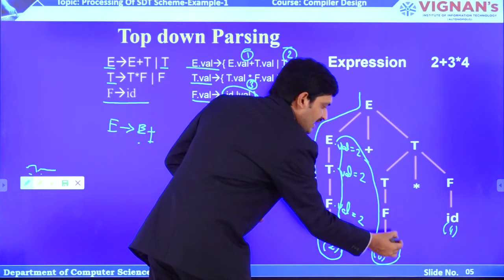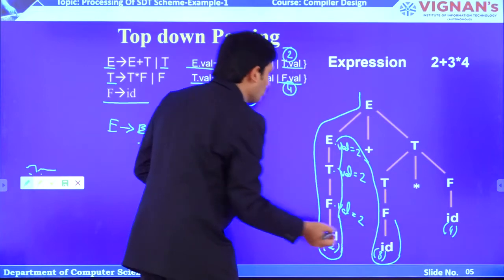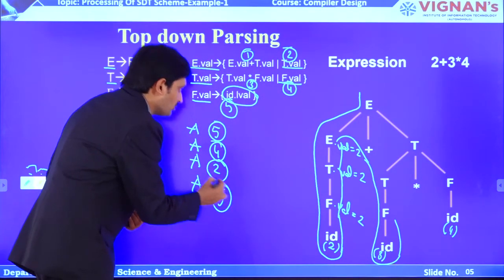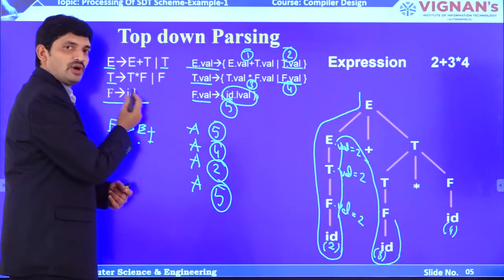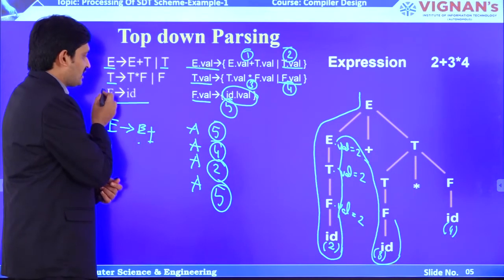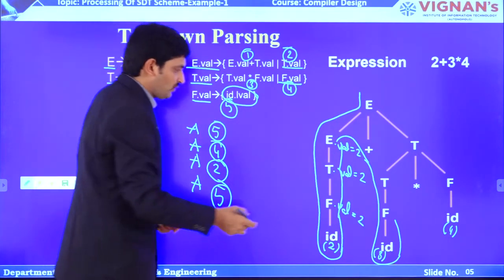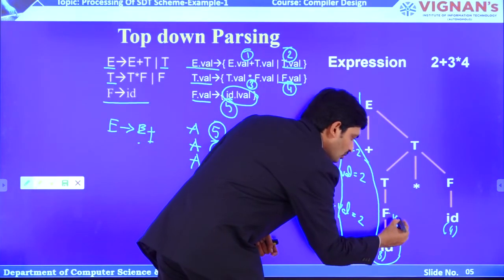Now, again ID is reduced to F, or F tends to ID. So, again action number 5 is performed. Why? Because F tends to ID is there. So, ID is assigned to F depending upon this particular action. So, action 5 is performed. So, F value equal to 3.